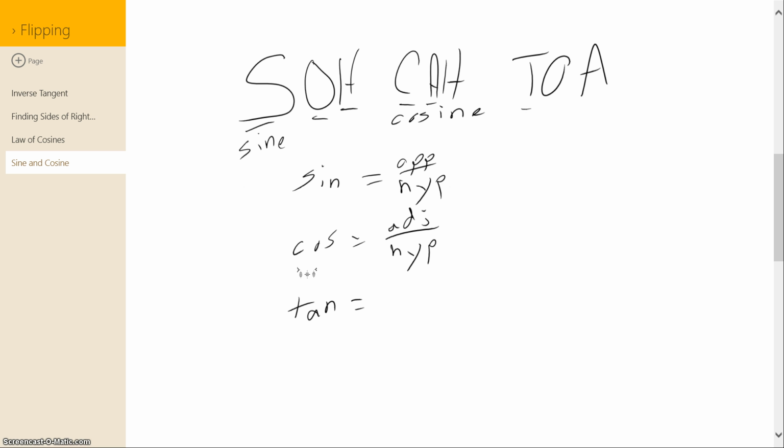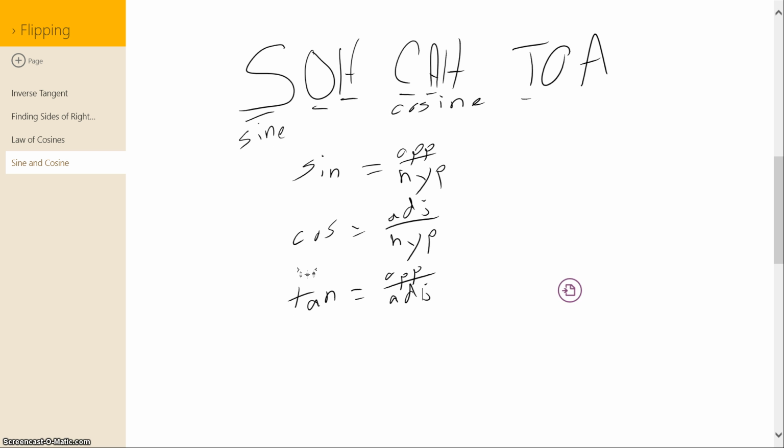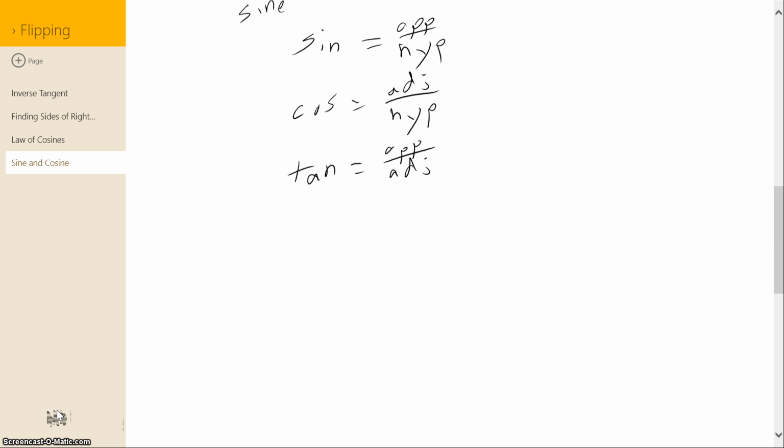We've looked at tangent already. Tangent is just opposite over adjacent, which we've been doing. So we know this guy. But these two new ones up here are kind of fresh for us. So let's see them in action.